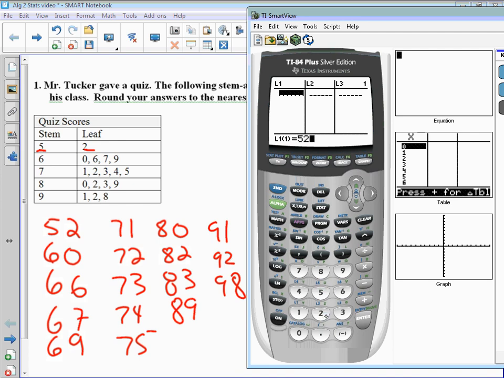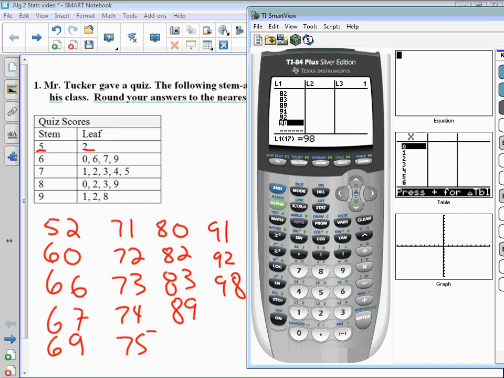So 52, 60, 66, 67, 69. Now at this point, we want to make sure we have the right data in.